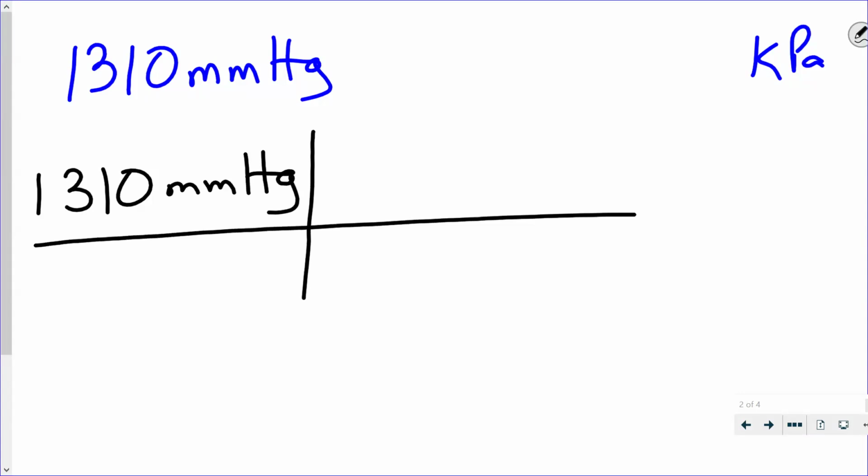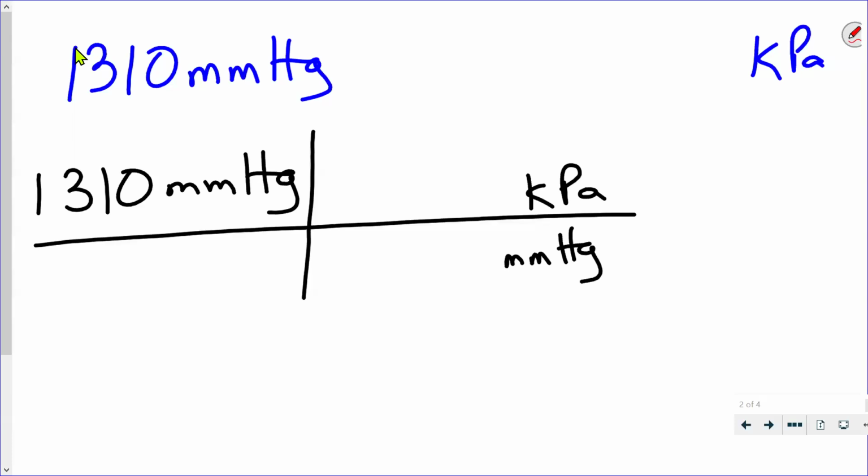The unit on the top left is mmHg. The unit on the bottom right must be the same thing, mmHg. I'm looking for kPa, so I'll put kPa on the top. Good thing I like about pressure conversion is one little setup.